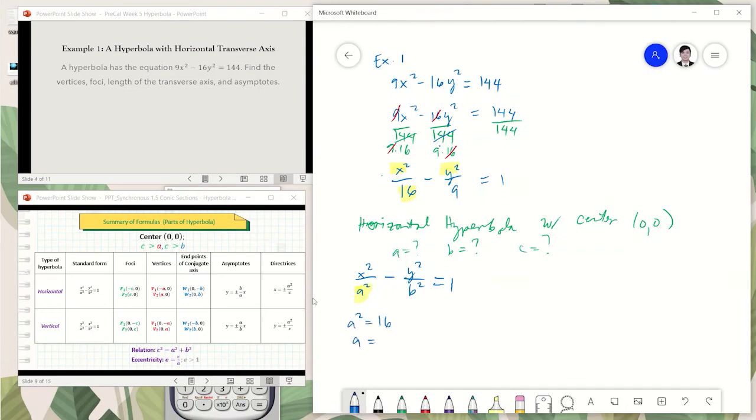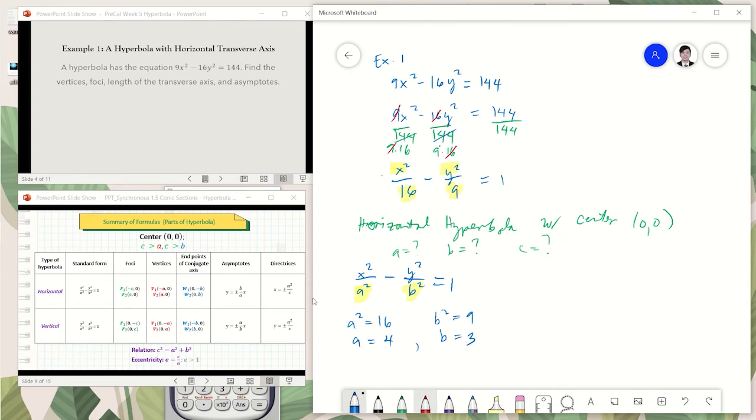So we just have to get the square root of both sides. You'll get 4. And then next, b squared is below the y squared, and that's a 9. So b squared is equal to 9. The square root of both sides would be b is equal to 3. So you have your a and the b already.